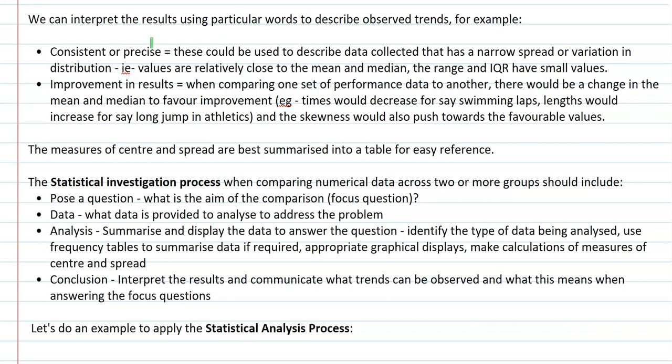If the length you jumped for long jump increased with the mean and median, you could say you were improving. And you'd also see a shift in the skewness of any graphical displays that you developed. Another thing to note is when you're calculating the measures of centre and spread, the best way to summarise it is to put it into a table.